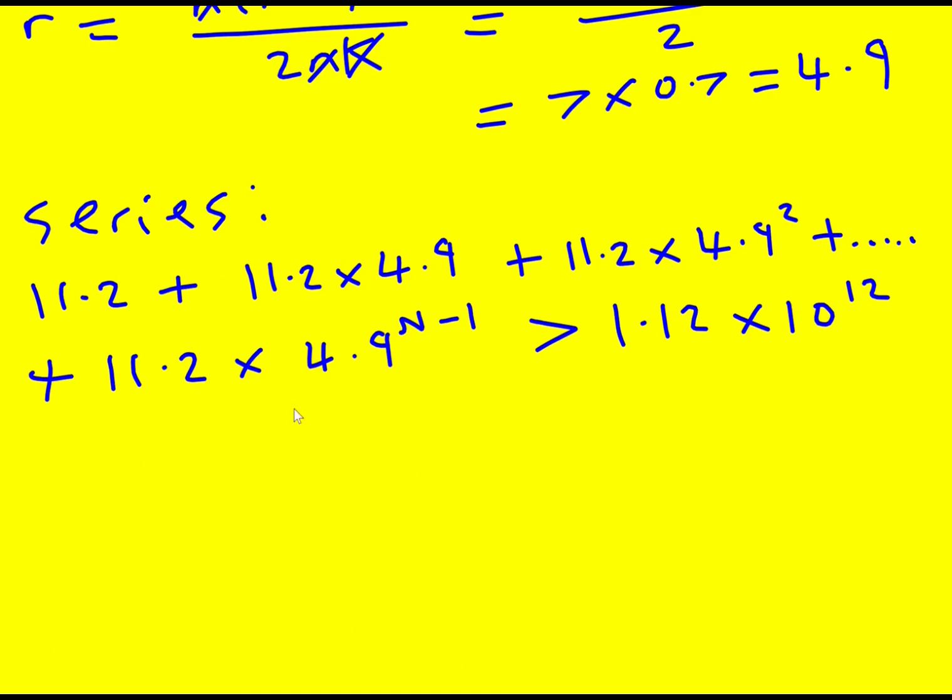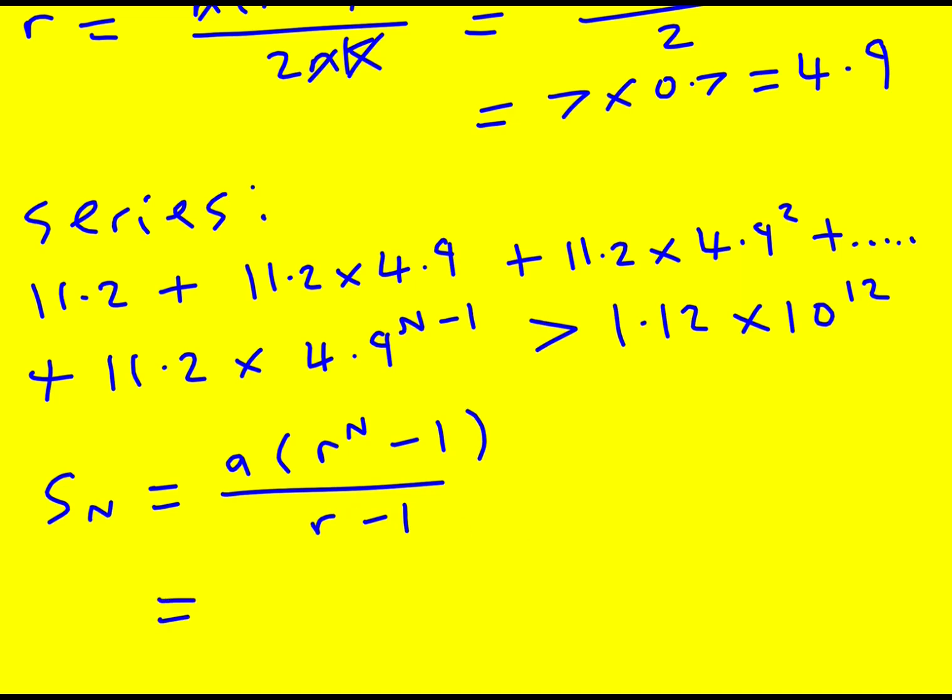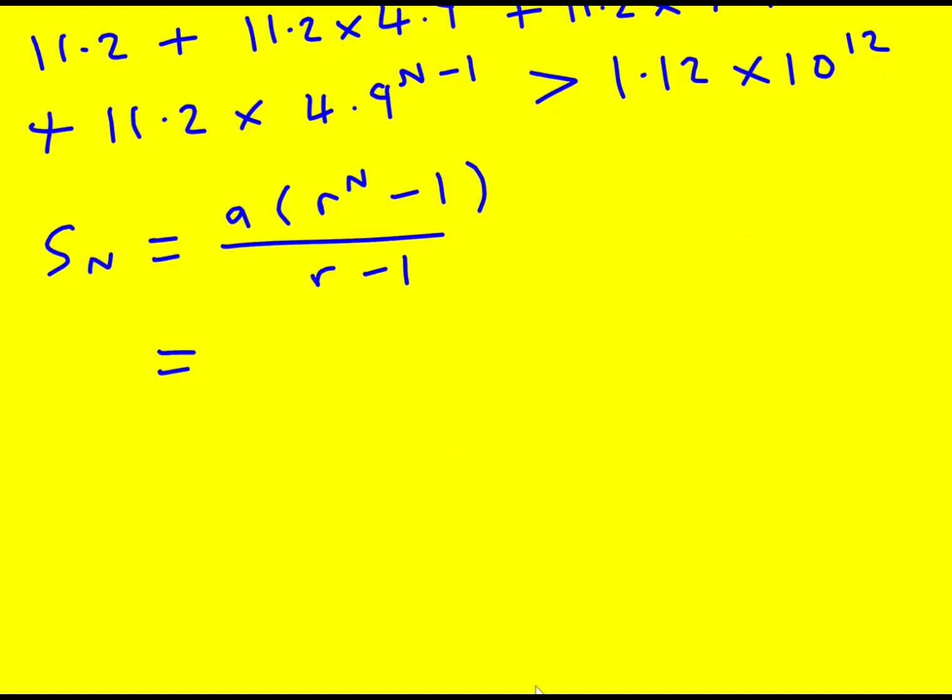So we can use our knowledge of a geometric series, how it sums. Sn is equal to a. Now, because the r is greater than 1, I'm going to write it this way around: r to the n minus 1 over r minus 1. You can swap it around if you like, but this is going to be more useful.